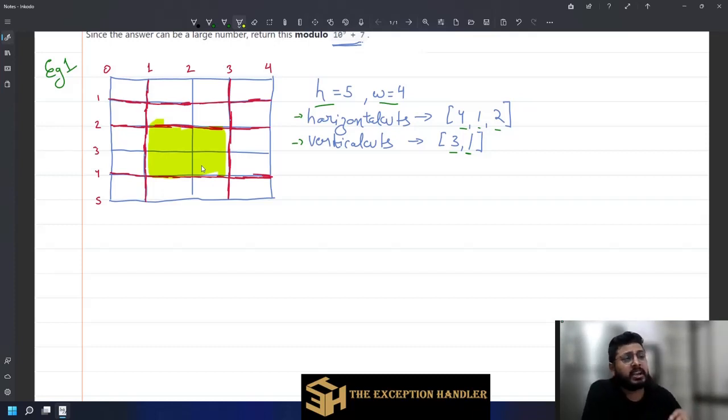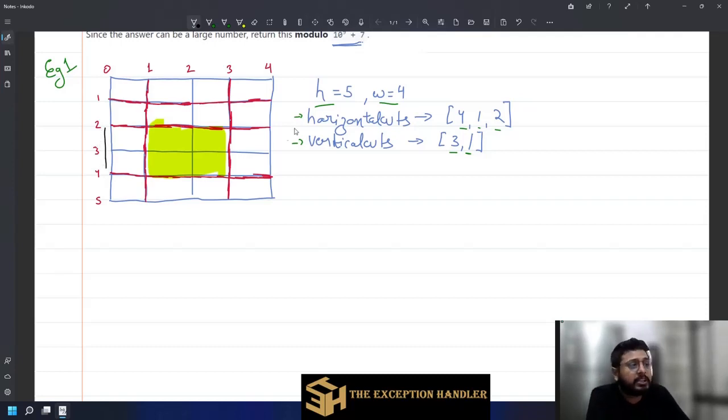So let's try to understand how you can find the maximum area of the cake, so that you can figure out which piece should be picked up. If you just forget about the vertical cuts and look at the horizontal cuts, the piece with maximum area would always have the maximum height, meaning the maximum difference between two consecutive cuts.